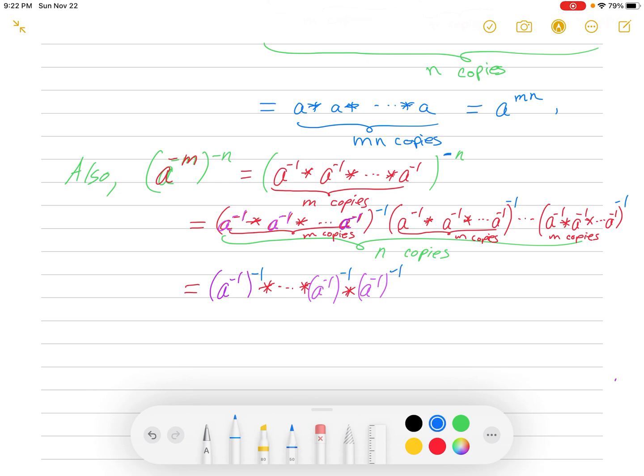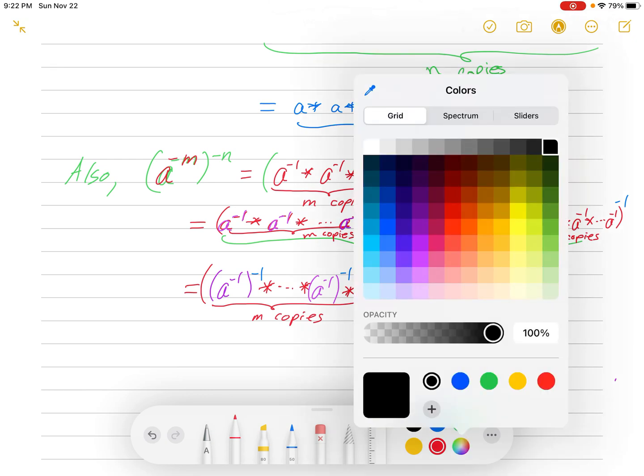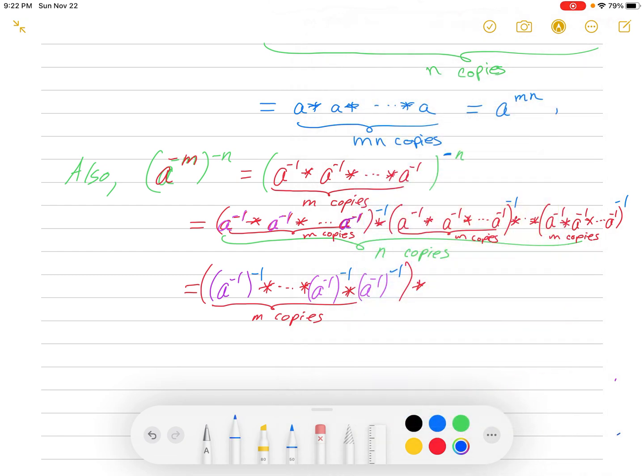So this gets an inverse. Well, that's the first one. There are going to be m copies of this. You'll notice the same thing happens, with a little star in there, a little star in there. This happens to everything. You get A inverse, inverse, star, A inverse, inverse, star, A inverse, inverse, dot, dot, dot.